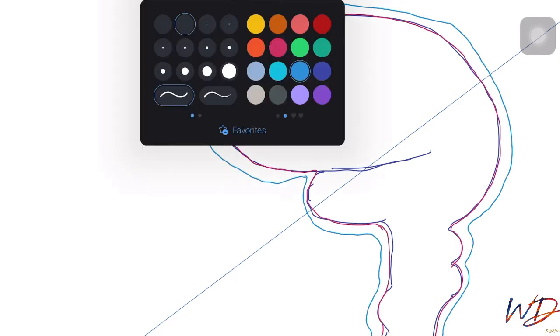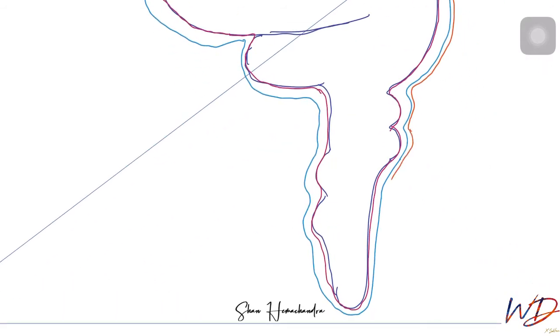And finally, we have the dura mater. The dura mater is the hard fibrous layer which is present outermost in the meninges.